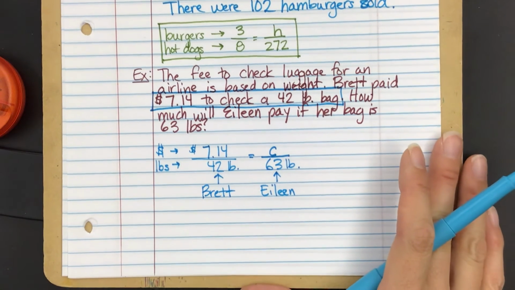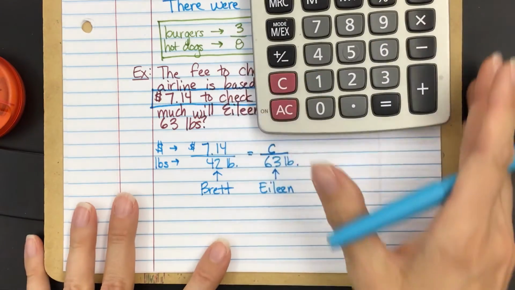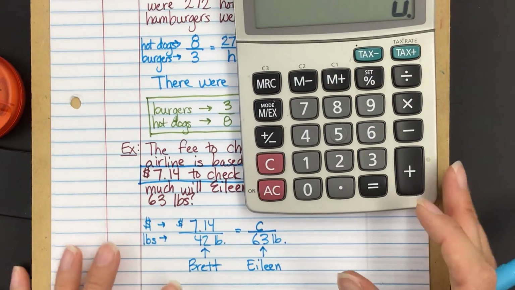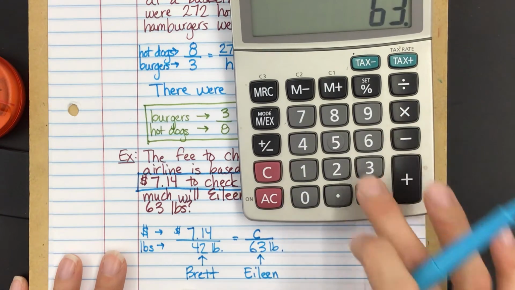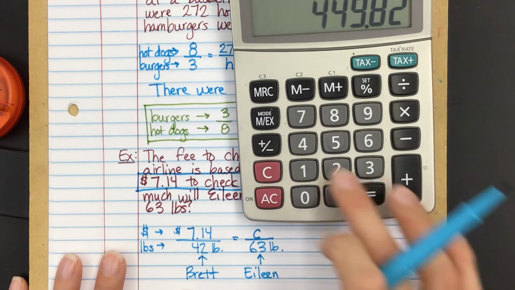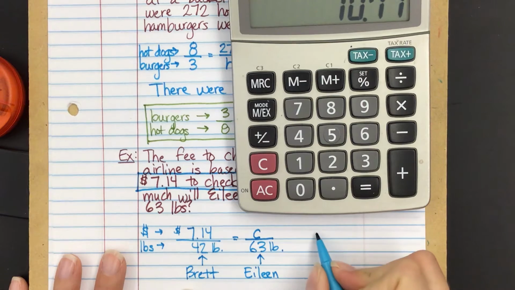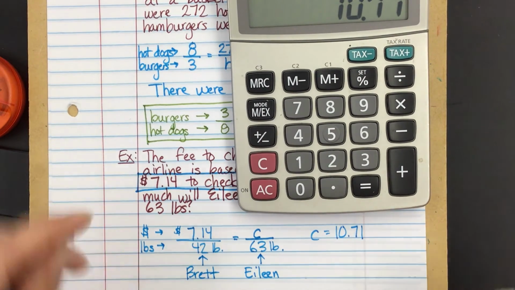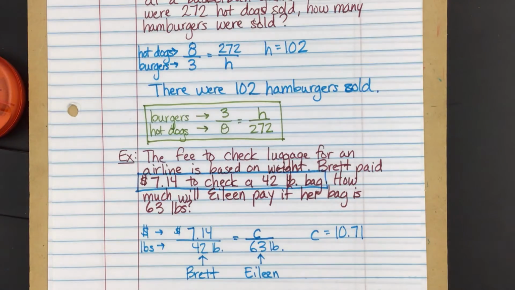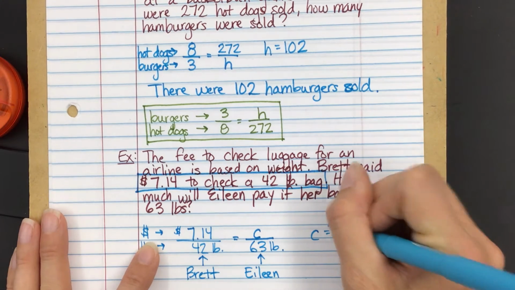Now it's all set up so we can cross multiply and divide. Pull out my calculator here. Okay, so $7.14 times 63 divided by 42. We're getting that C is equal to 10.71, which is money, because that's what we're looking for. We're looking for the cost for the bag.